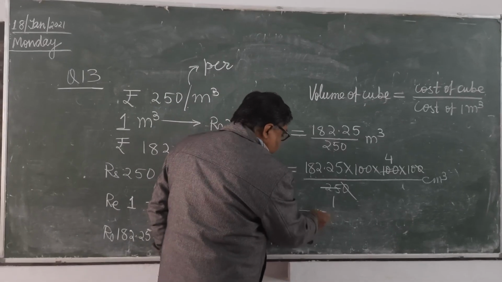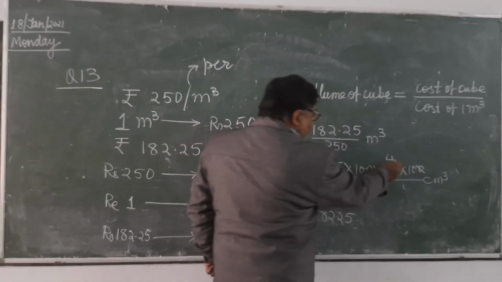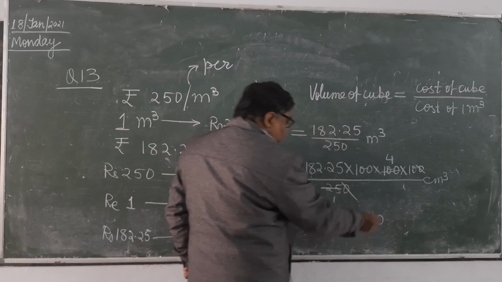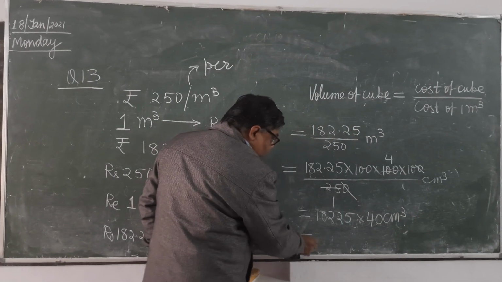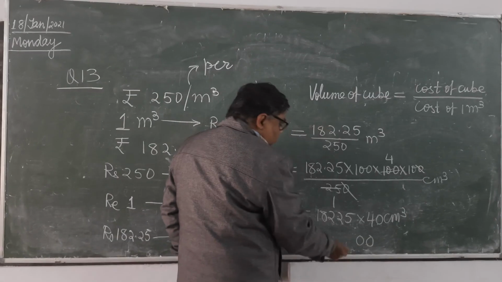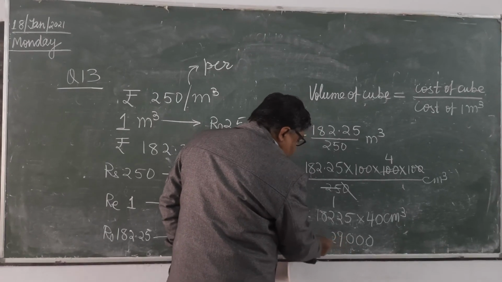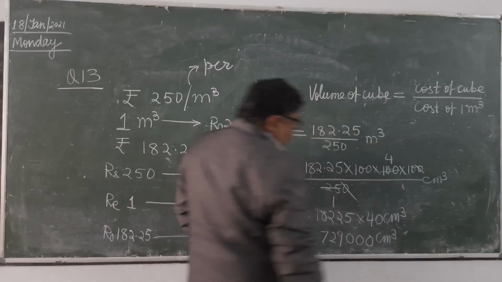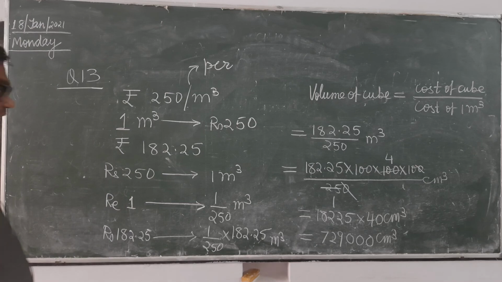That is 182.25 into 4 into 10, 40. So this much centimeter cube. Now you calculate this. This is 729000 centimeter cube.